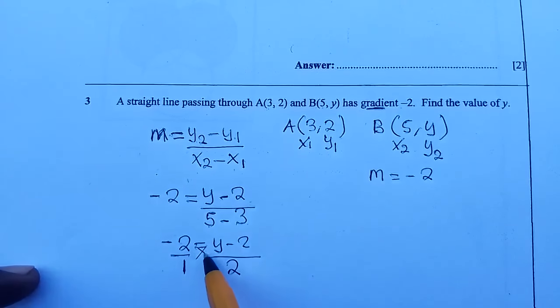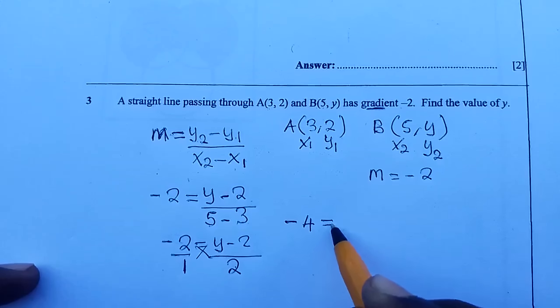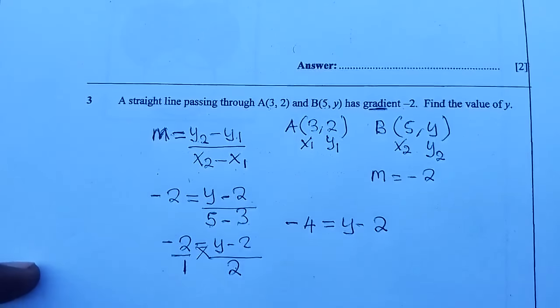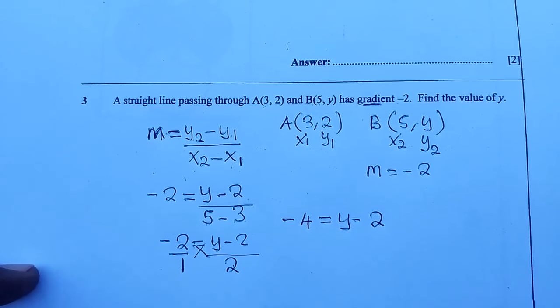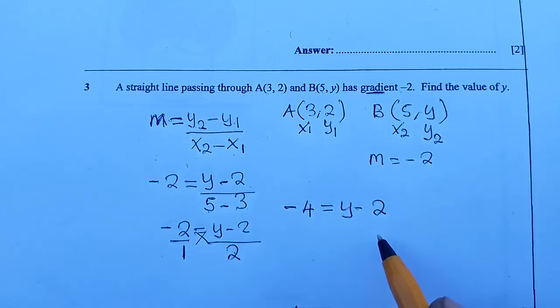Then you do what? Cross multiply. So what is 2 times -2? You're going to get -4, which is equal to y minus 2. This is what you are going to form. After this, you group like terms.